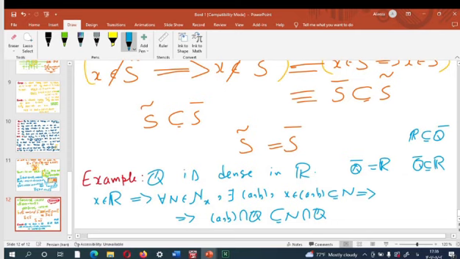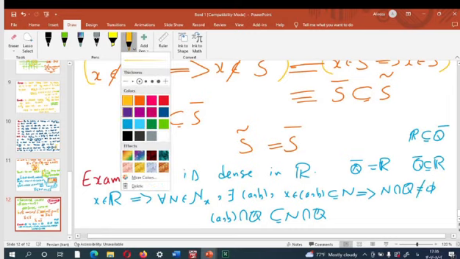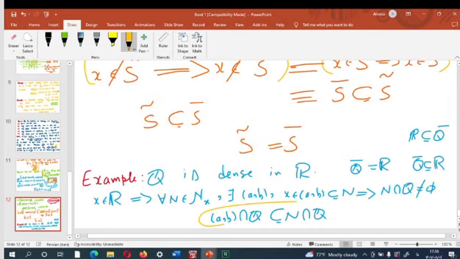We can say this intersection is non-empty, because this set is non-empty and this is very easy.